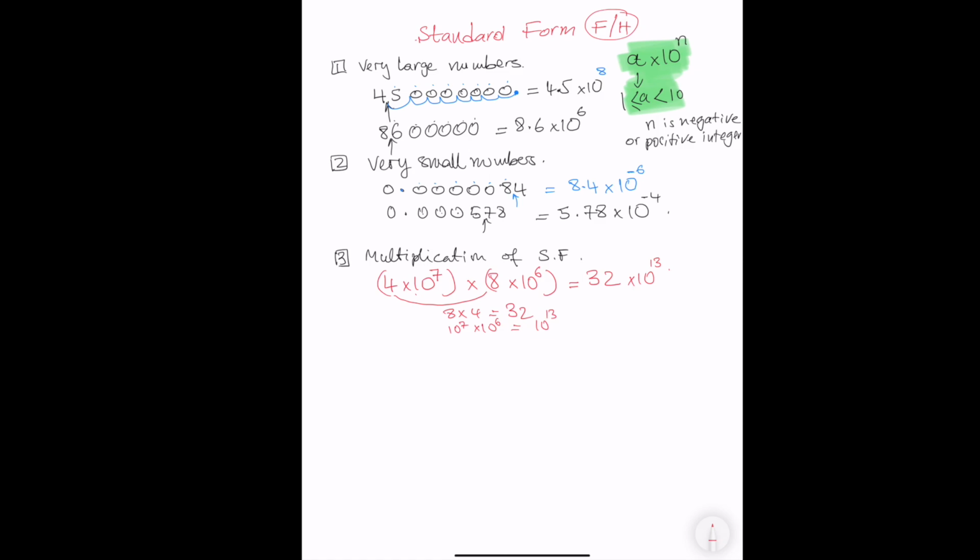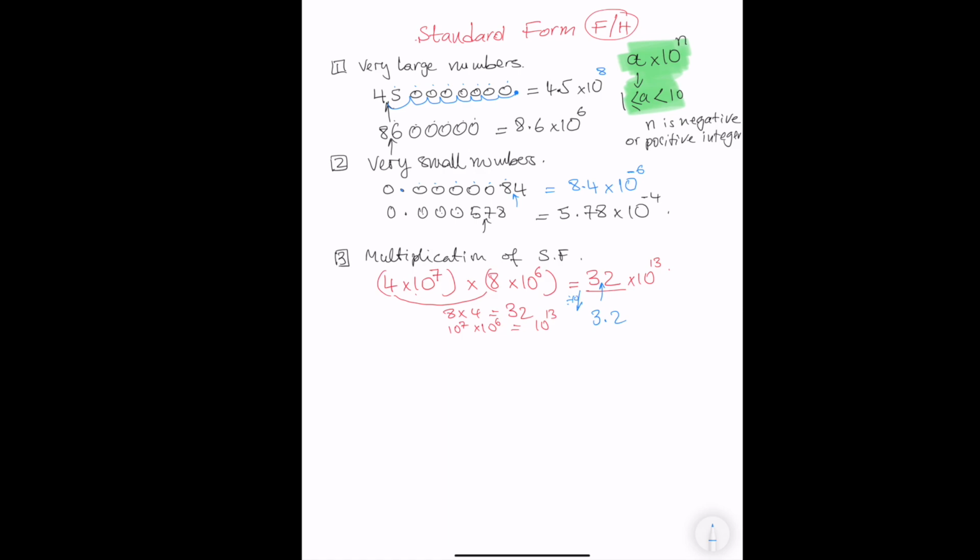But the question will always ask you to give your answer in standard form. So 32 times 10 to the power of 13 is not standard form, because the number 32 is more than 10. So what you have to do is put a dot here, make it 3.2, and as you can see, from 32 to 3.2 we divided by 10, we made the number smaller.